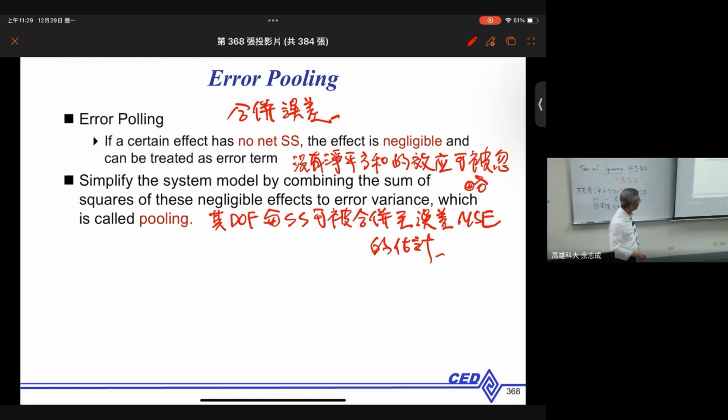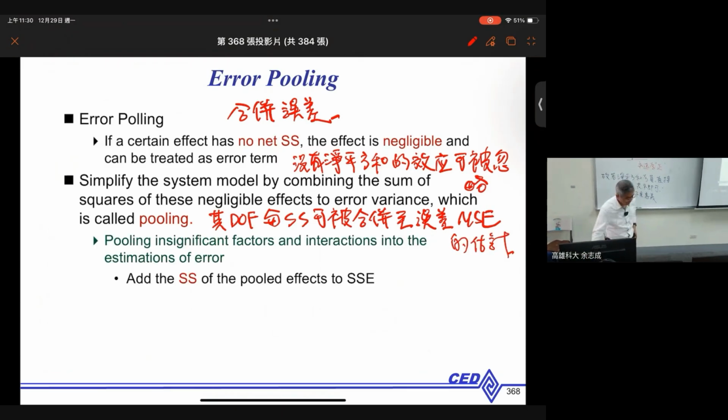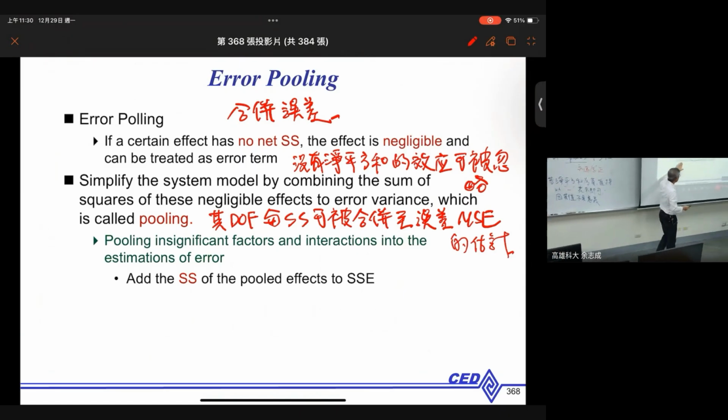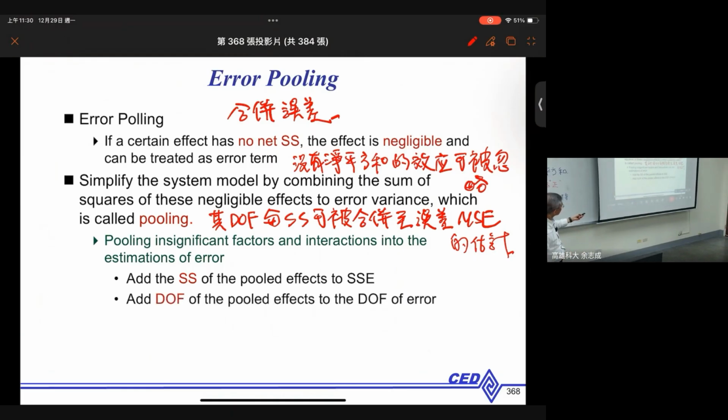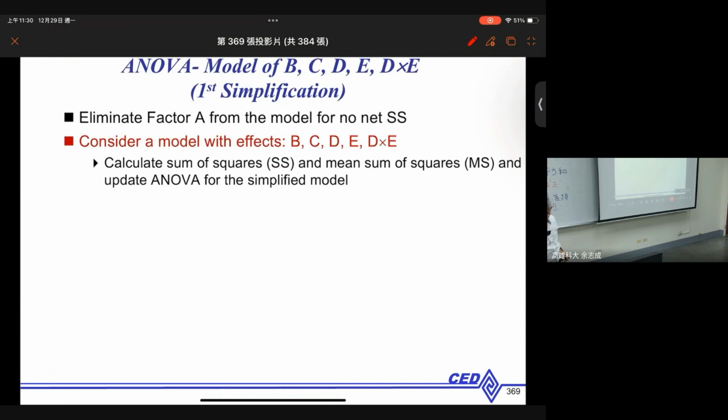This is called pooling (合并误差). We can first delete that effect and add its sum square into the sum square due to error. Same thing for the degree of freedom: we add the degree of freedom for this effect into the degree of freedom for error.